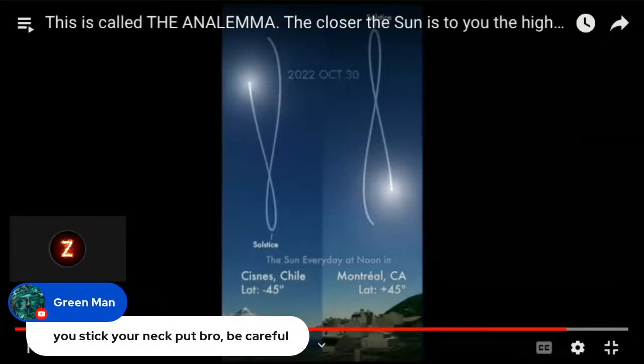Juxtapose that to the image from Montreal, Canada, which is 45 degrees north latitude. You see the same image, but it appears to be flipped over, inverted. Why would it do that? Well, we'll get into that a little bit more later, because I don't know.